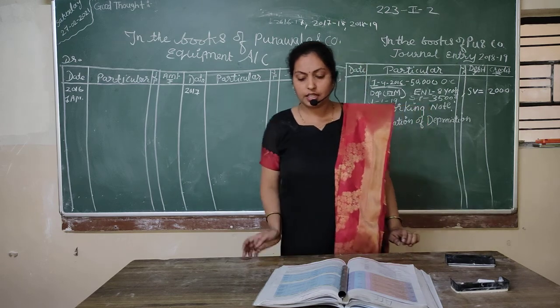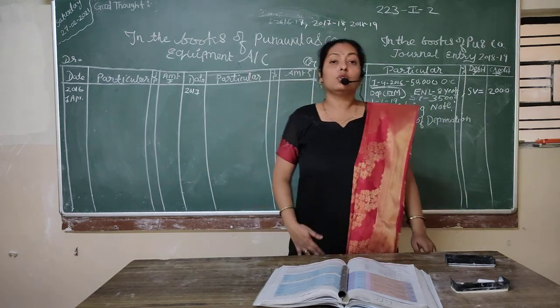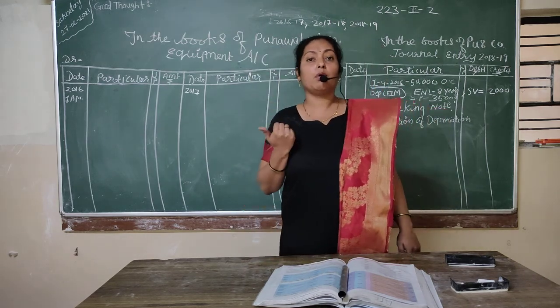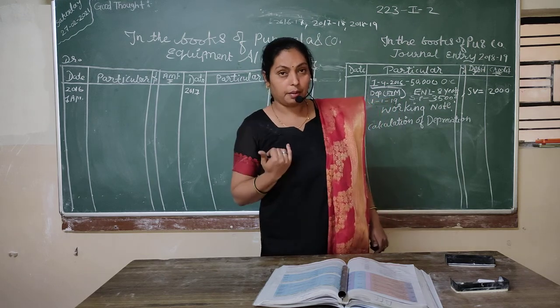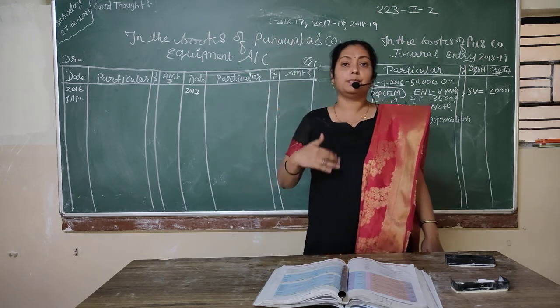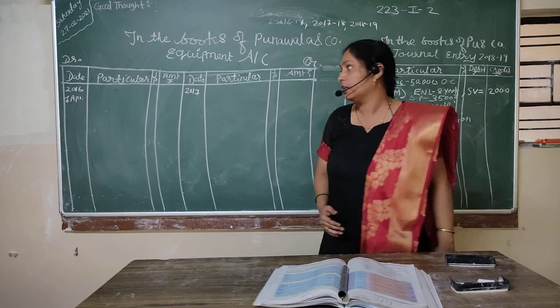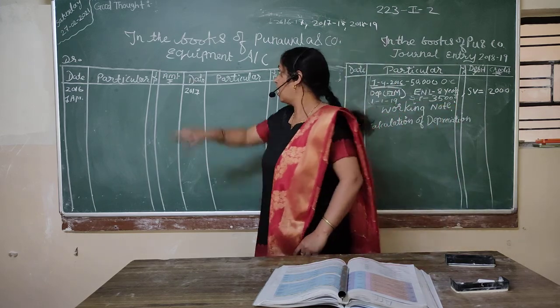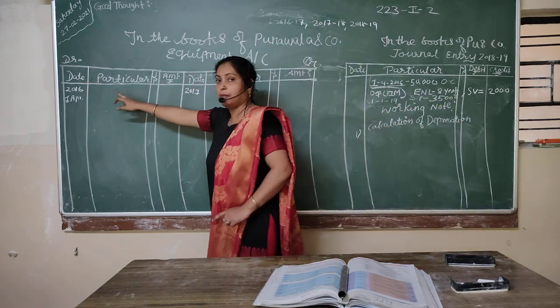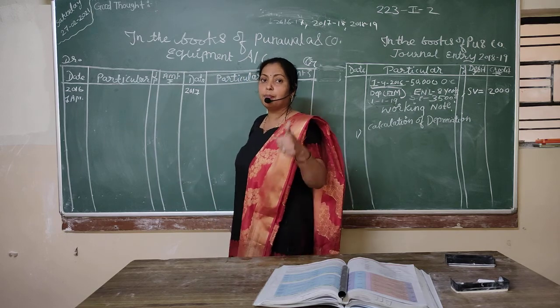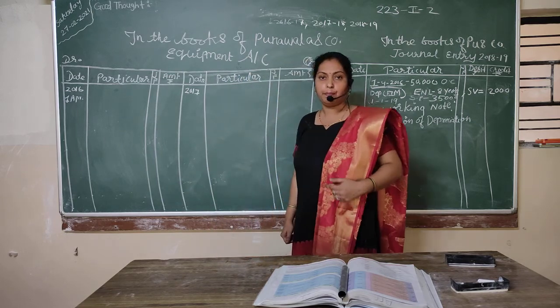They have mentioned that the amount is paid by check. So the entry will be like this: debit what comes in. Equipment is coming into the business and the amount is paid by the check, so the bank account will be credited. The journal entry will be equipment account debit to bank account.